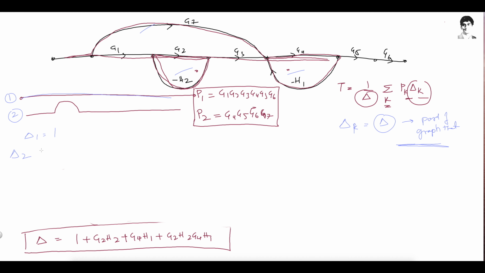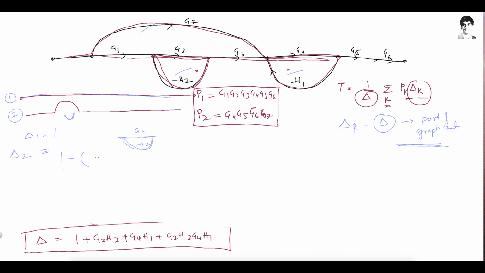What is delta 2? So just like before, because we have one loop here, right? Which is what? G2, this one. G2 minus H2. So this part of the graph is not touching our second forward path. So delta 2 is gonna be, you tell me. How do we find out delta?